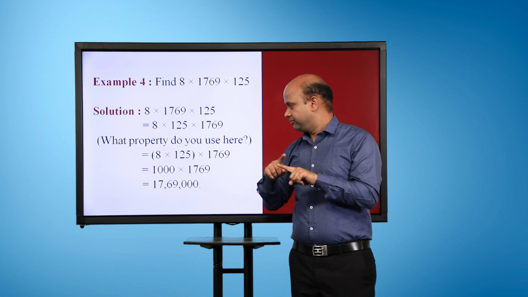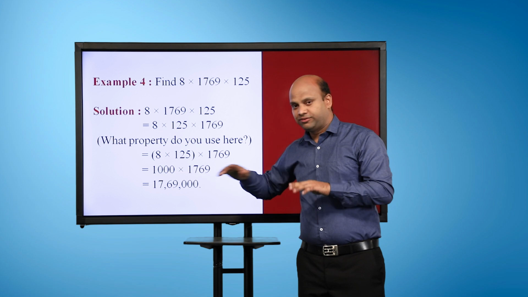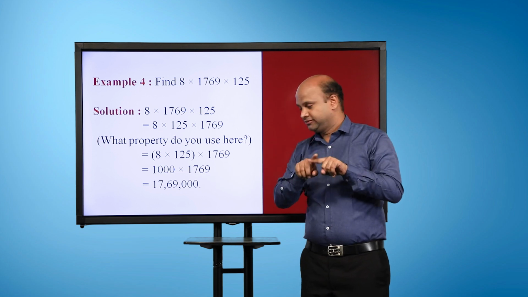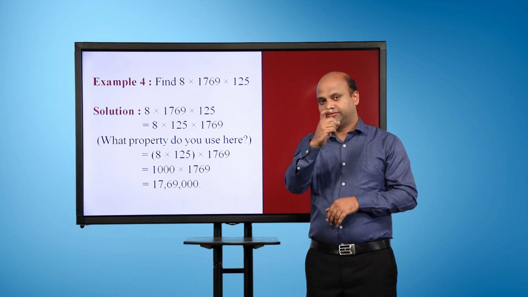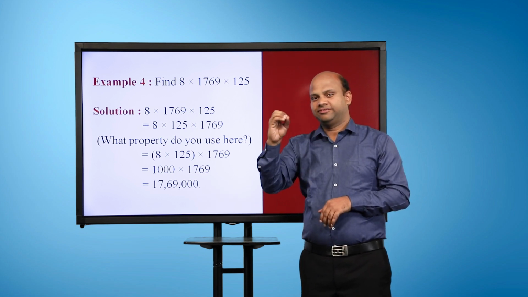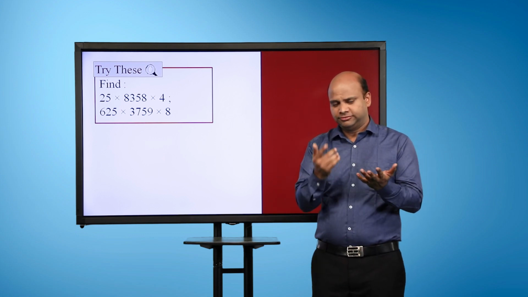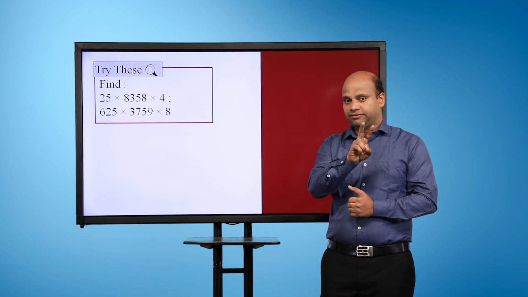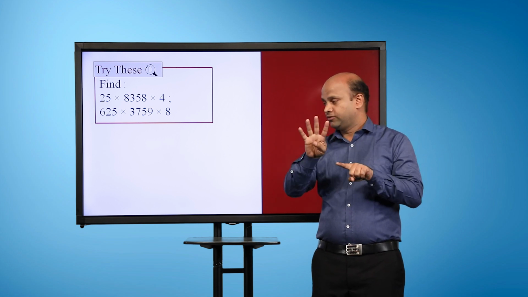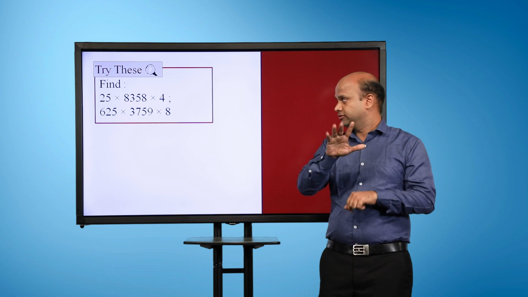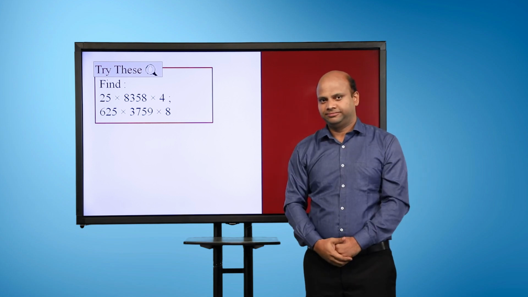In brackets, 8 multiplied by 125 into 1769, which is equal to 1000 into 1769, which is equal to 1,769,000. Try these. Find 25 multiplied by 8,358 multiplied by 4, 625 multiplied by 3,759 multiplied by 8.